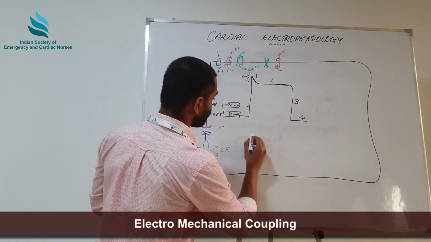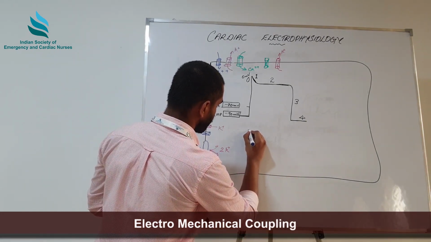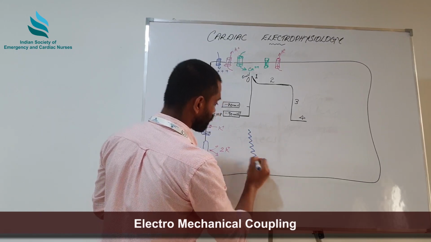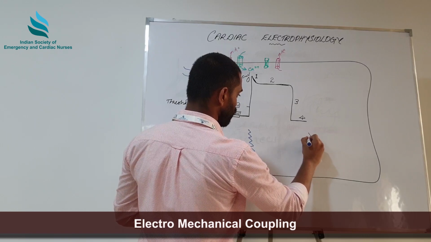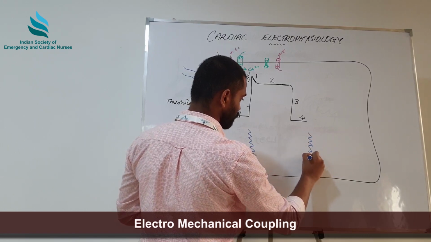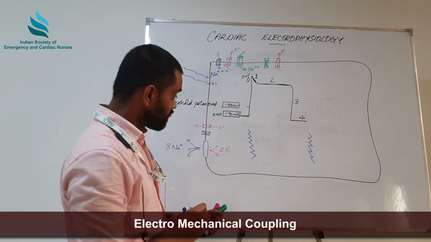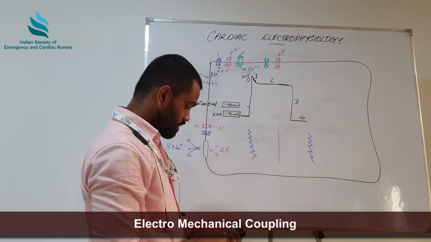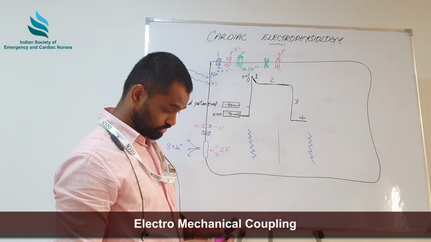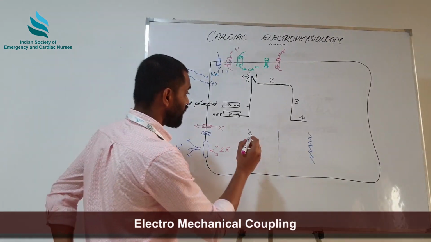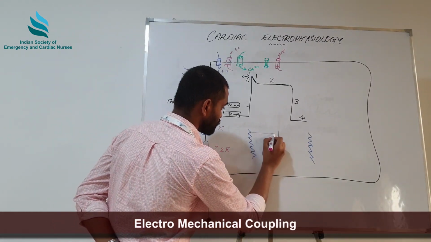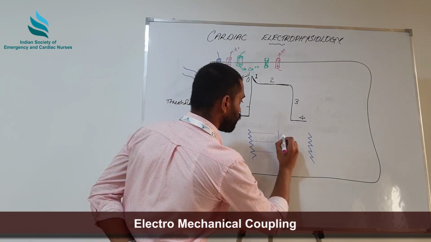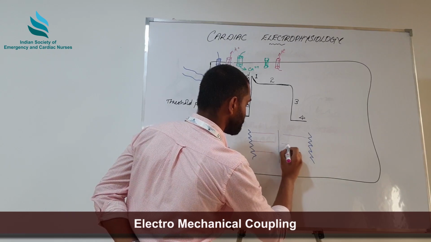So here we have the Z line, the outer boundary of the sarcomere. We have Z lines, the outer boundaries of the sarcomere. And we have a central M line. Then we have filaments. We have thin filaments like that.